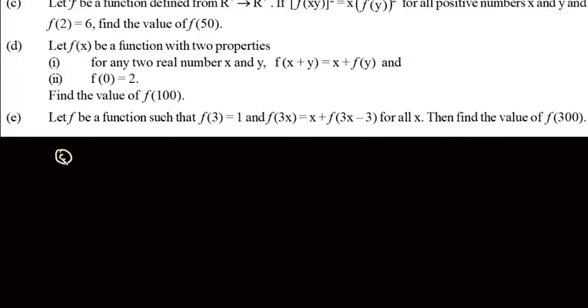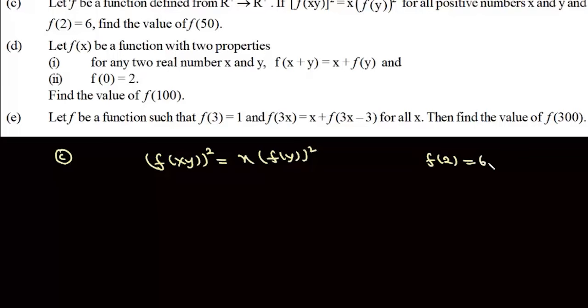Now this third question is, we are given a function which is defined from R positive to R positive, and we are given f(xy)^2 = x f(y)^2 for all positive numbers x and y, and we are given that f(2) is equal to 6. We need to find the value of f(50). We can write 50 as 25 into 2.